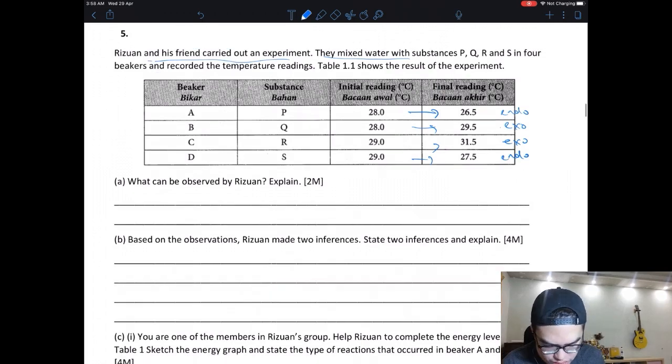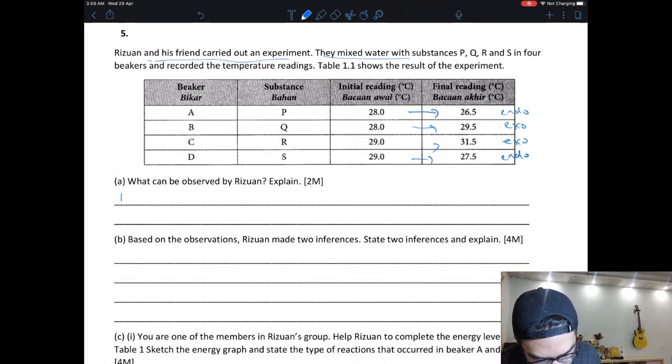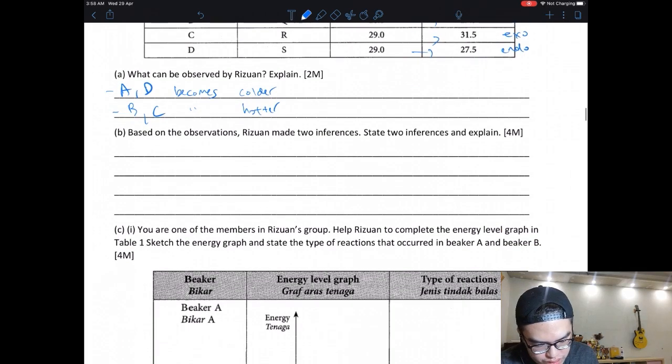So many things you can observe. Okay, so for A and D, final reading, A and D becomes colder. Okay, for B and C, it becomes hotter, or warmer.